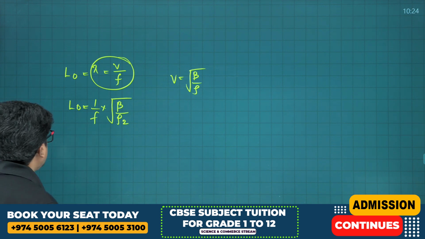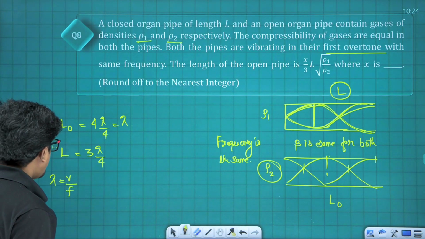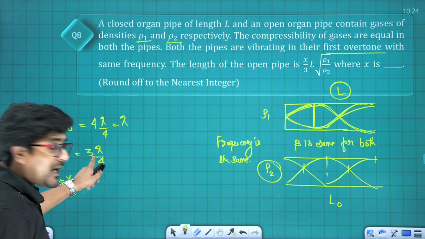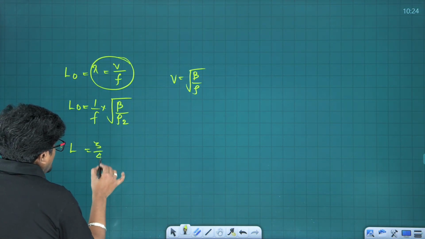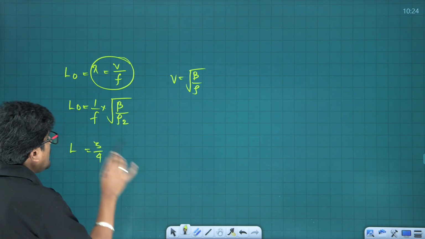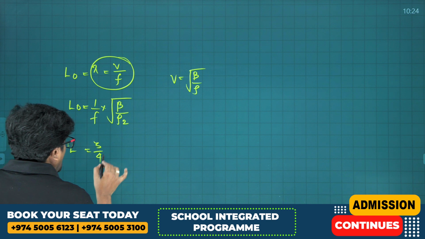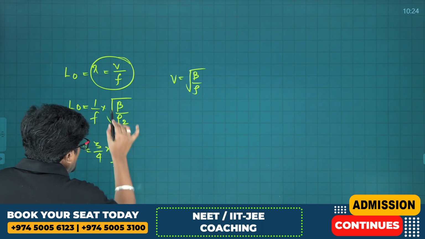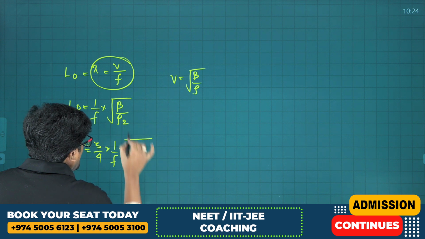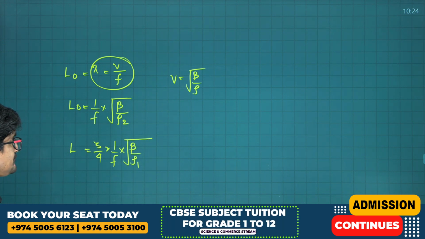And for the closed pipe, that is L, we must have it as 3 by 4 times lambda, isn't it? So 3 by 4 times, instead of lambda, it's going to be V by F. So here this is 1 by F into V, which is root of beta divided by rho 1.